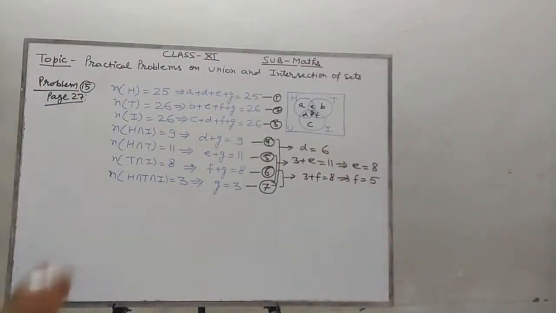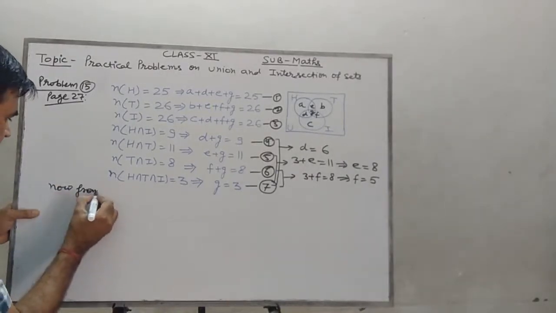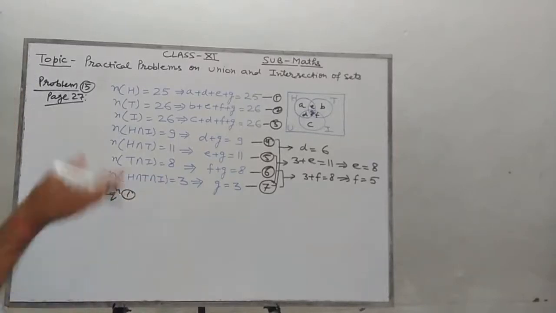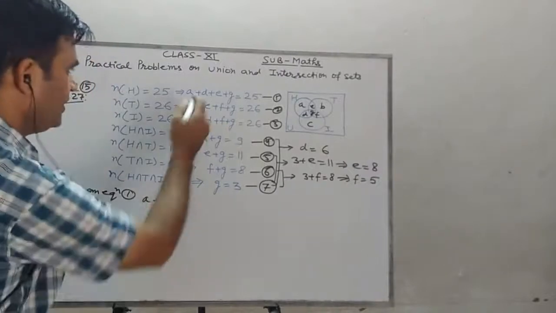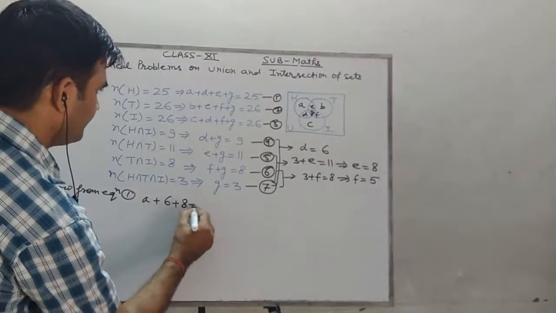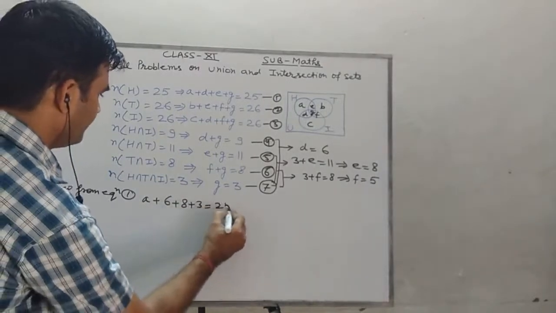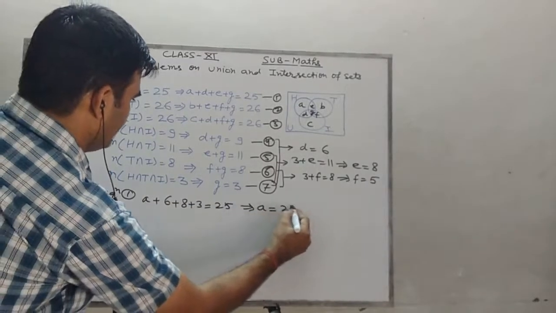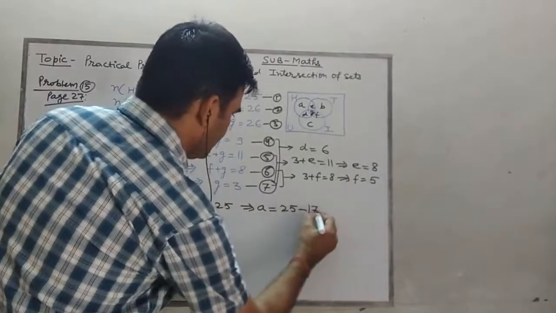So now from equation 1, we will put the values that we have found till now. A plus D, that is 6, plus E, that is 8, plus G, that is 3, equals 25. So this implies A is equal to 25 minus 17, that is 8.